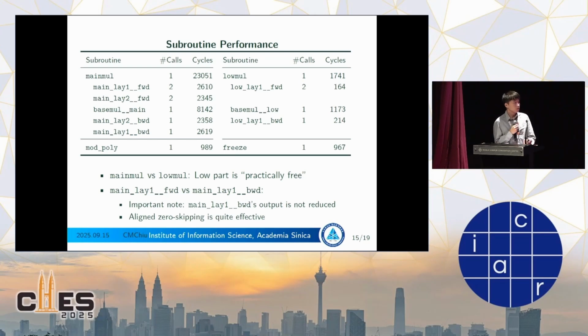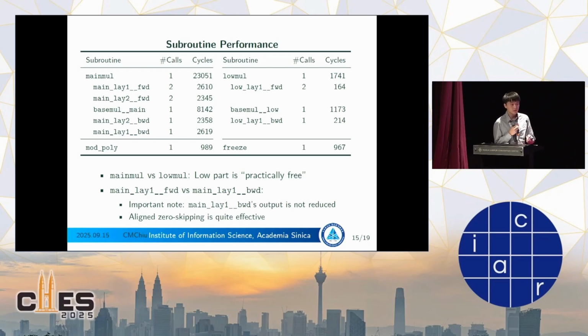Next, to see how effective the aligned zero skipping trick is, we can compare the layer one NTT of the main part in both the forward direction and the inverse direction. Here we don't see a substantial difference between them, but one important thing to note is that in the inverse direction, we actually never reduce the output range.